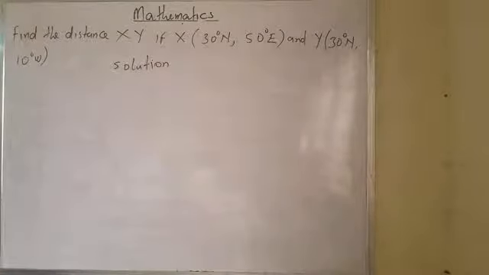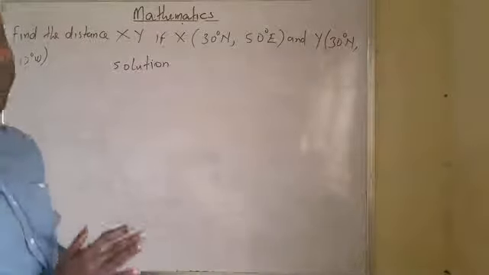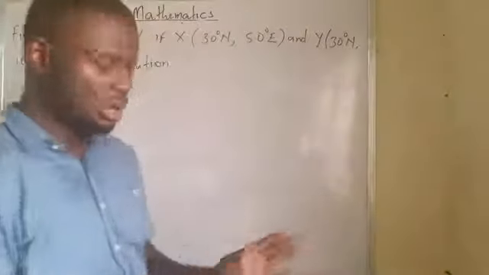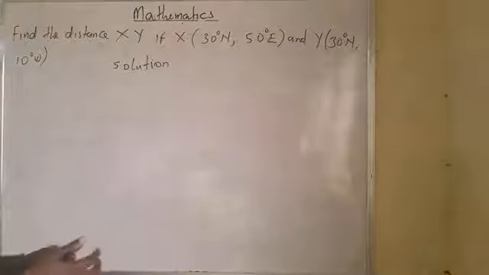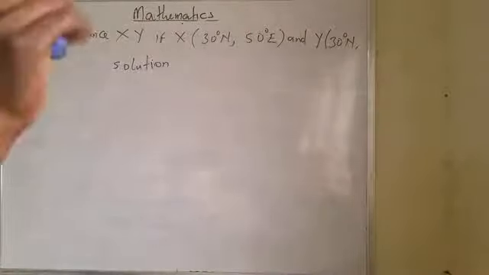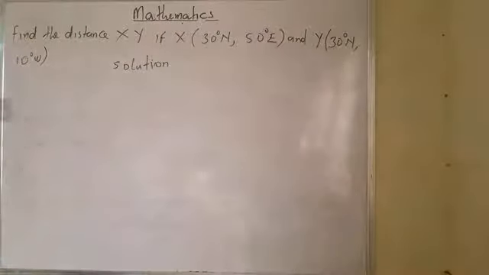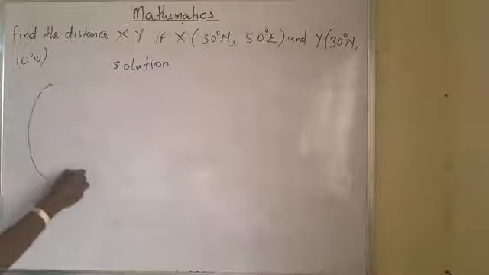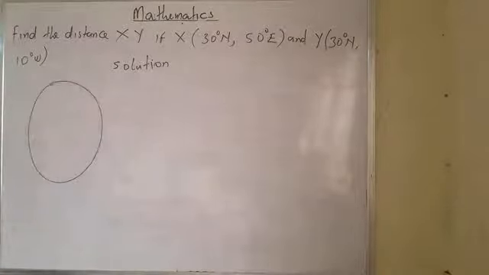Let's try to work it out. The first thing is, I told you earlier that you must learn to construct your circle, your Earth, which is very, very important. If you don't understand that, make sure you go to the first video on latitude and longitude. This is the third video. Now I want to construct it.